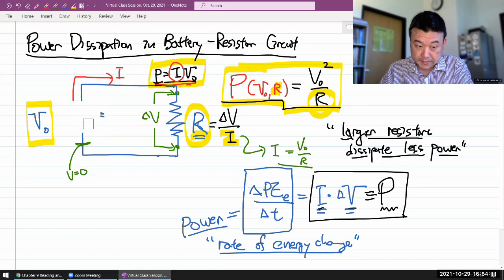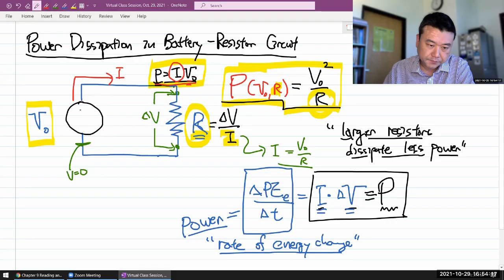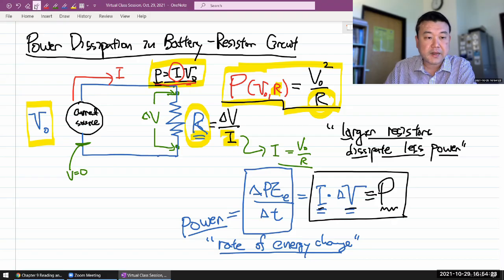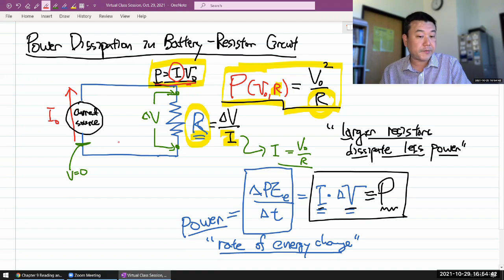Now we can replace this with a current source. Let me just spell it out. And a current source is kind of what it sounds like. Its job, instead of providing a fixed voltage difference between the two ends, is to provide a fixed amount of current through the circuit, regardless of what happens.